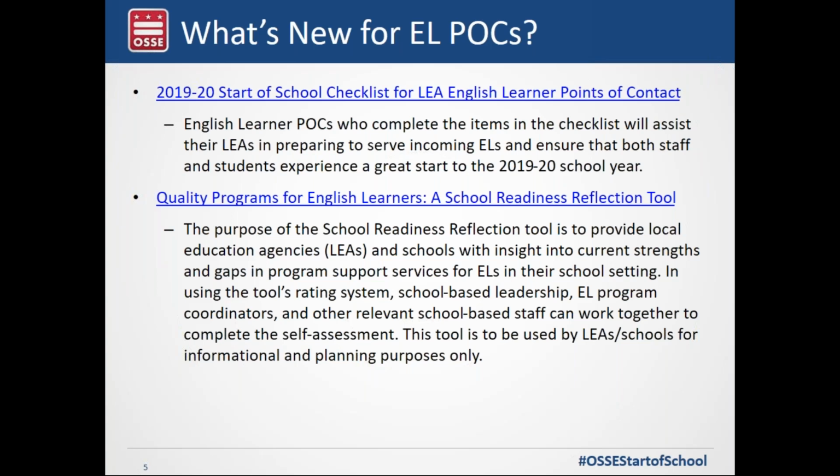You can use this tool's rating system to self-assess on a comprehensive set of indicators related to English learner services. This tool is to be used by LEAs and schools for informational and planning purposes only. It is now in an editable format that will auto-calculate your results, so you can easily review areas of strength and areas of improvement and develop an action plan. So please take advantage of these tools that are available to you.